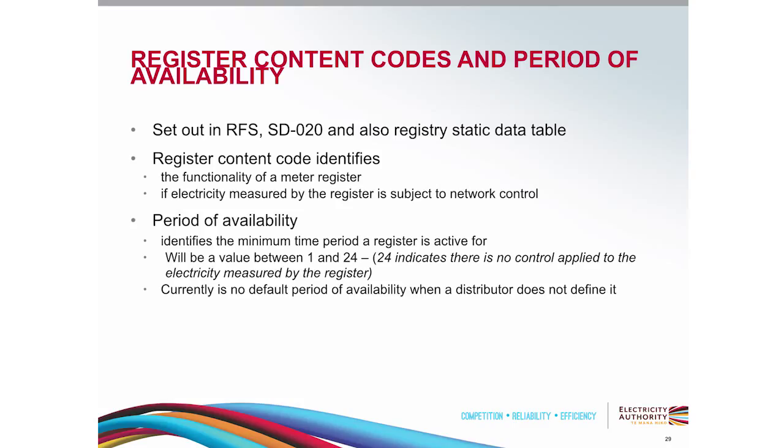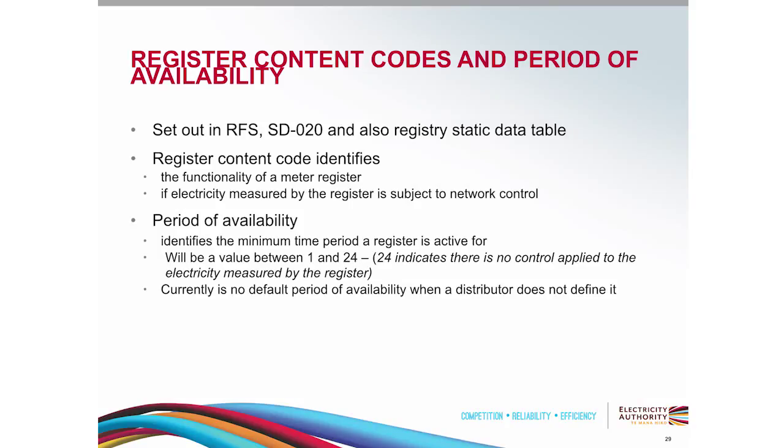Associated with the register content code, we have something called period of availability. If we use POA, we don't mean price on application, we mean period of availability. Period of availability is the minimum number of hours per day that electricity will be supplied by that meter register. So if we go back to uncontrolled, we've got an uncontrolled meter register, we have UN, of course, for the register content code.